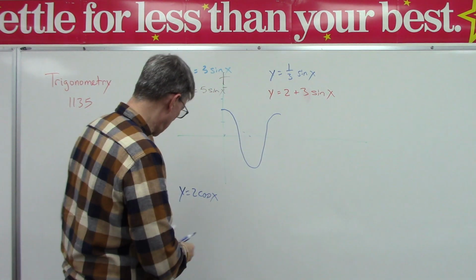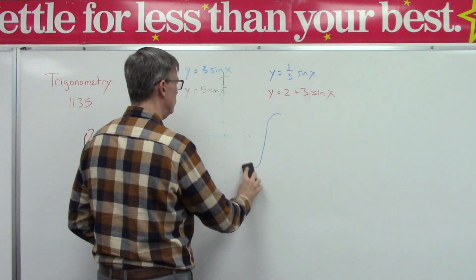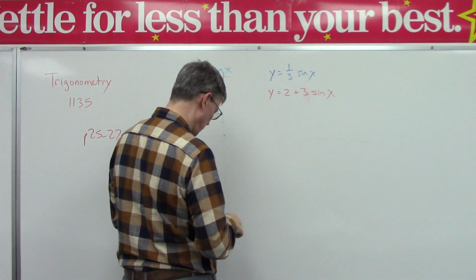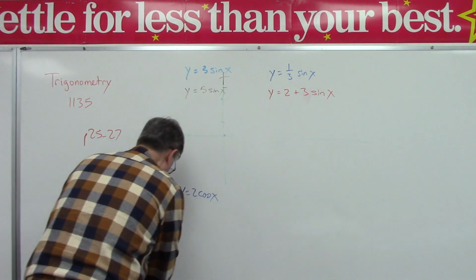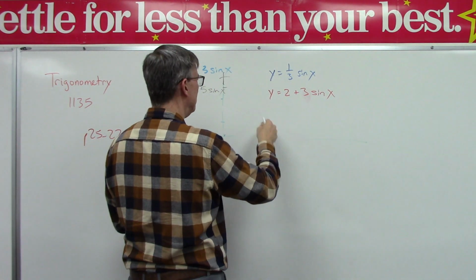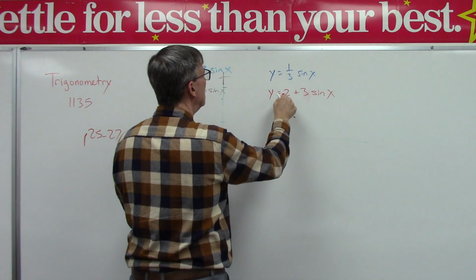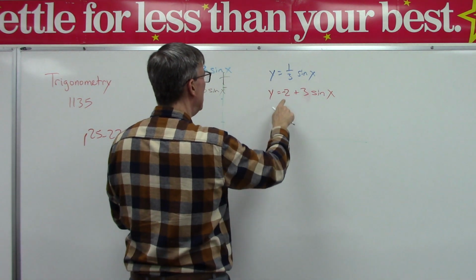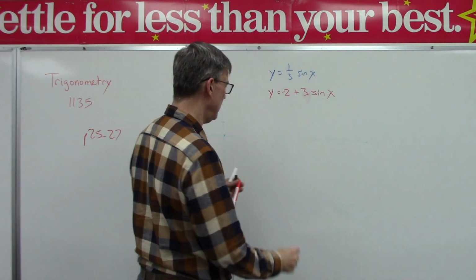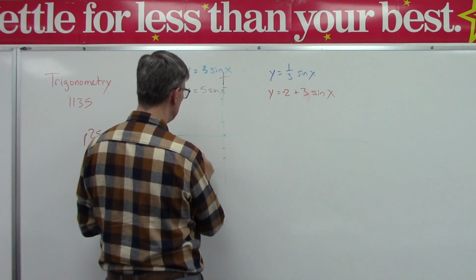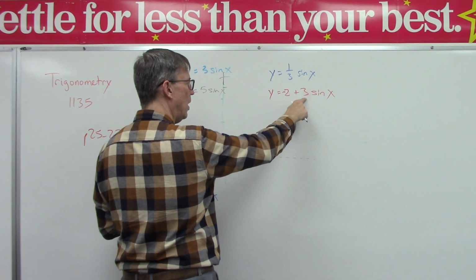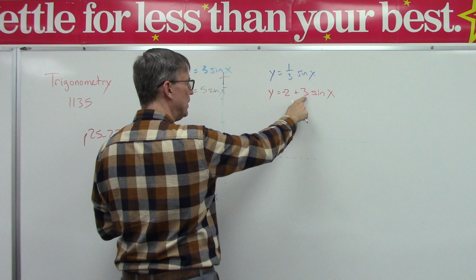What if we have a number out front like 2? What does that do? Okay? What this tells us, actually to make this a little bit easier, I'm going to make this a -2, just because I'm running out of room up here. -2, so that means instead of using the x-axis as my midpoint, I'm going to go down here to -2, and that becomes the axis, and then we go up 3 and down 3 from there.